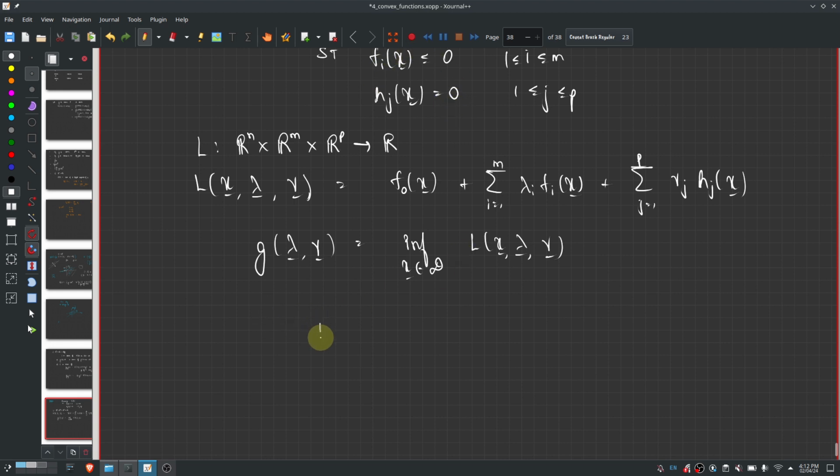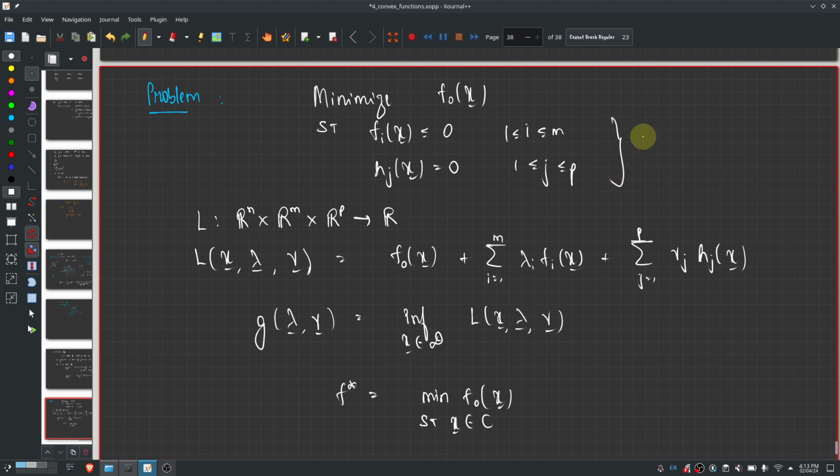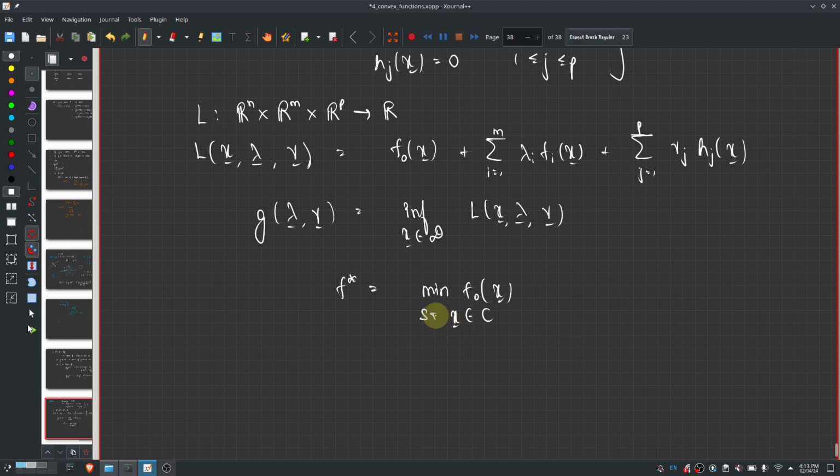So let's say I define f star to be equal to the solution, that is the minimum of f0 of x subject to x satisfying the constraints. Let me say that this defines the constraint set C. Then I'll denote the constrained minimum to be equal to f star.